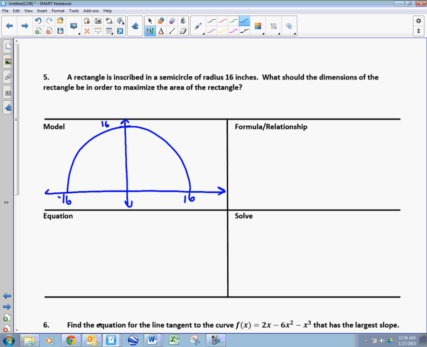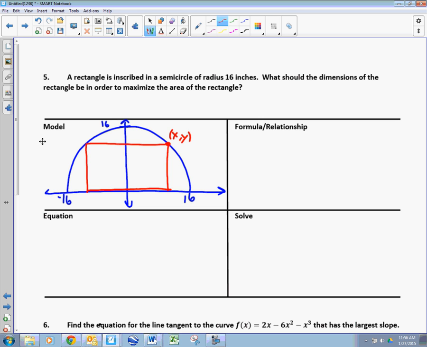Everybody okay with that shape? And now we are going to put a rectangle right smack in the middle of it. Somebody help me out.